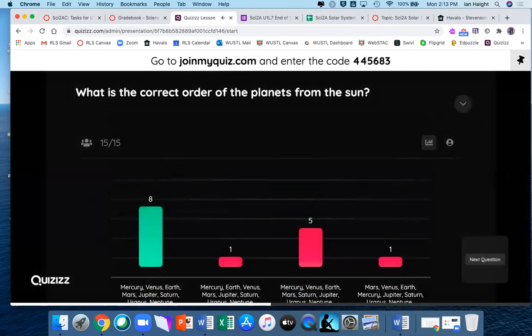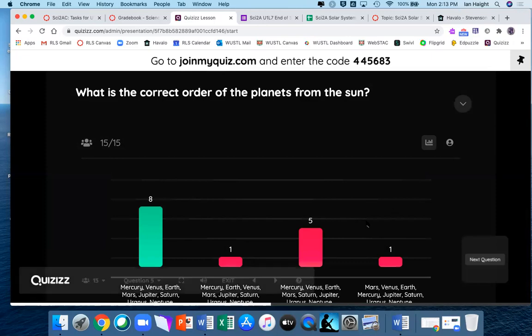Ronan going strong. It is indeed Mercury, Venus, Earth, Mars, Jupiter, Saturn, Uranus, and Neptune. I often think the last three planets spell out Sun, S-U-N, and then there's other little anagrams you can use.